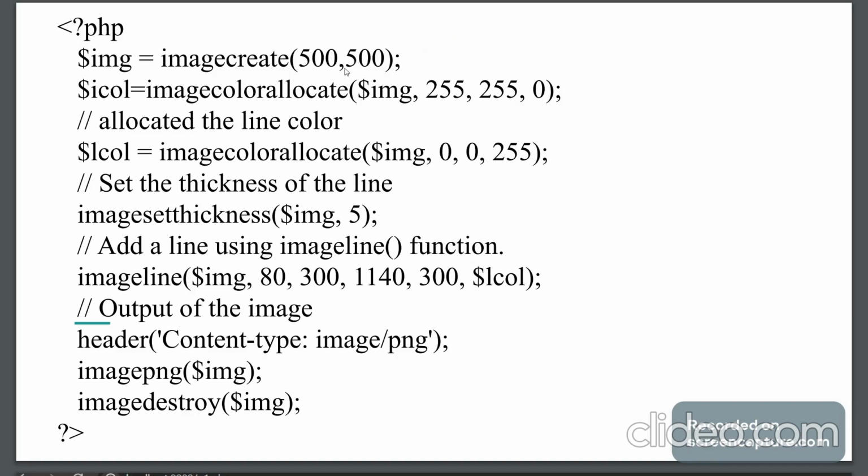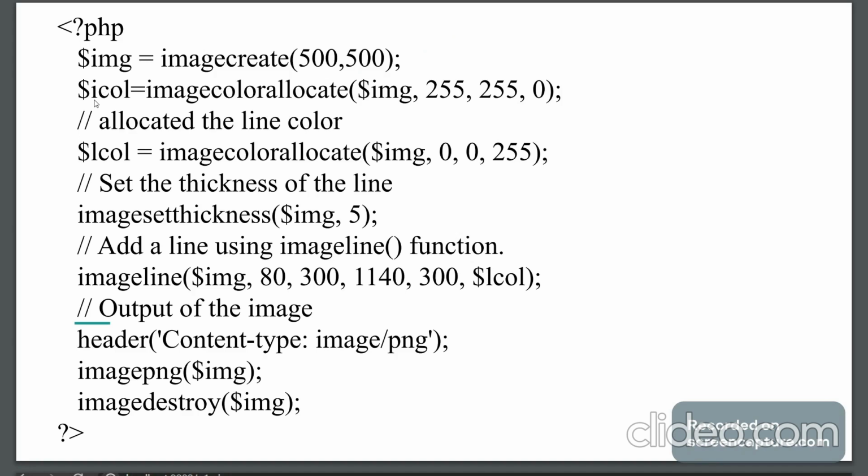Upon creation it gives the reference of an object, a name that we can use to refer to this canvas or image. Now if I want to set a color for this image, I have the imagecolorallocate function. I can give the contribution of red, green and blue color. The color created for that image I have named here as alcol.